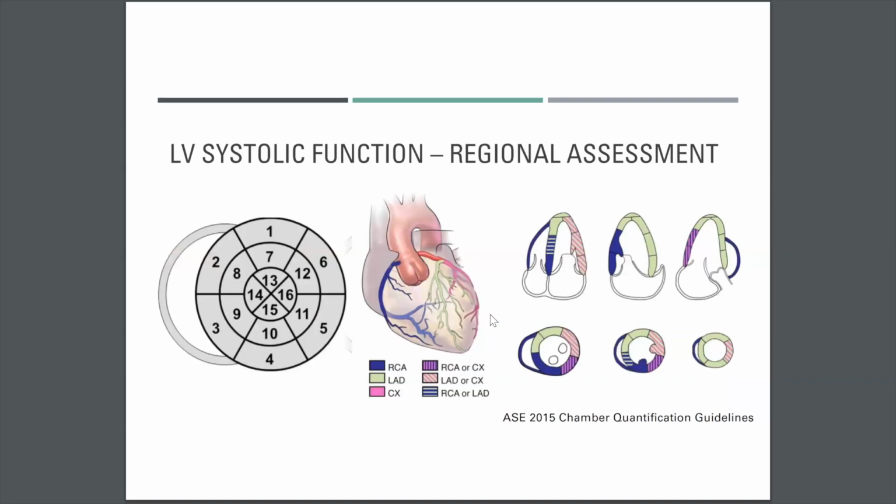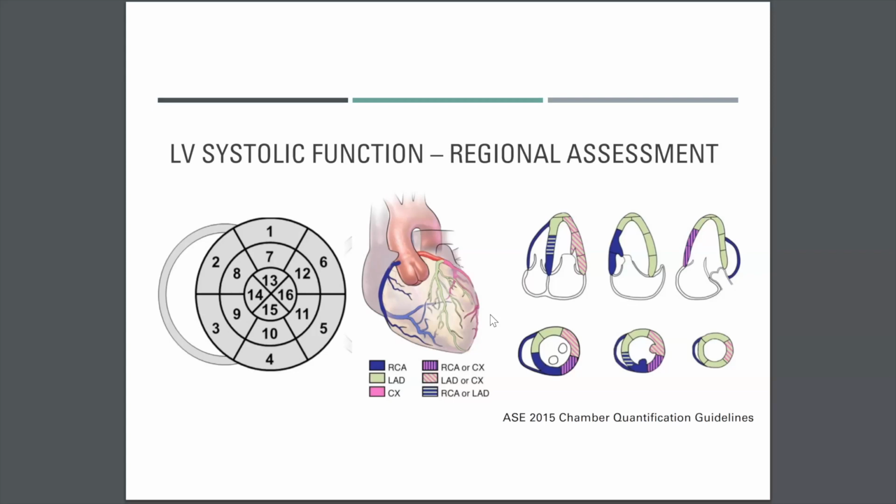Okay. Once we perform the global systolic assessment, it's important to then look specifically at regional wall motion abnormalities. And we grade these by whether the wall motions are normal, hypokinetic, akinetic, or dyskinetic. The reason regional assessment is important in dilated cardiomyopathy is that certain regional wall motion abnormalities can give a hint to the etiology of dilated cardiomyopathy.